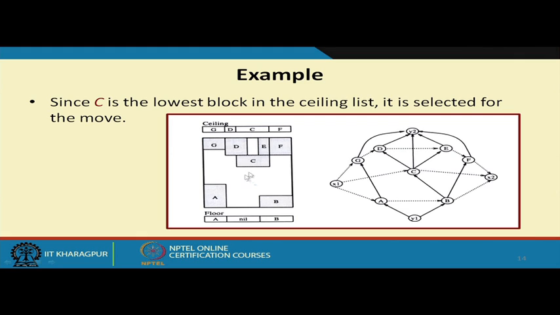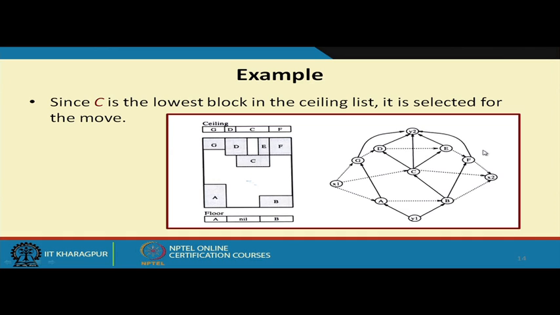Ceiling means you are standing in a room and looking up at the ceiling. You see which are the blocks you can see. You look up, you can see G, you can see D, you can see C, you can see F, but you cannot see E. Ceiling will contain those. And floor means standing here you look down, you can see A, you can see B, in the middle there is nothing. So, this list is like this.